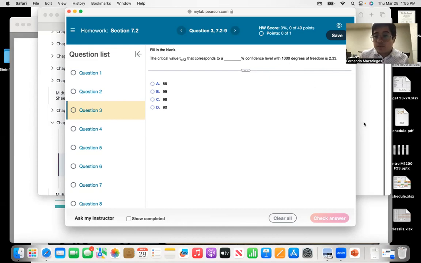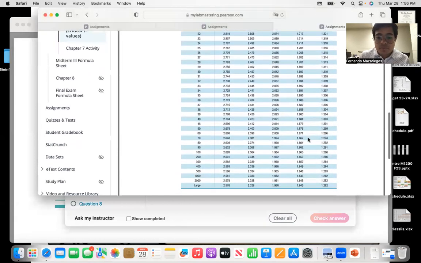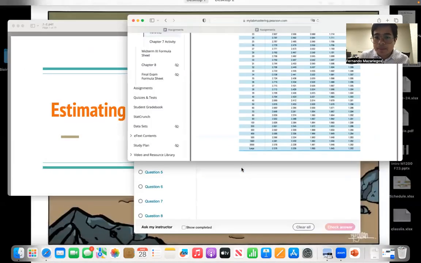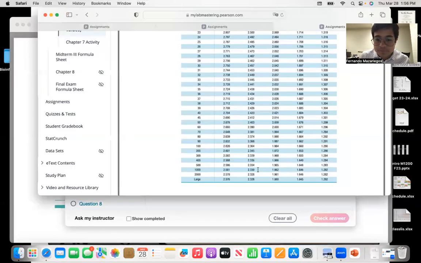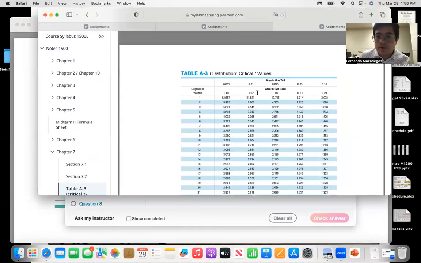So let's go to our table. We know we have 1,000 degrees of freedom. So we know we want to look at this row. Let's try to find that value here. So our value is 2.33. We can see this in this column. So this column is the column for 0.02.